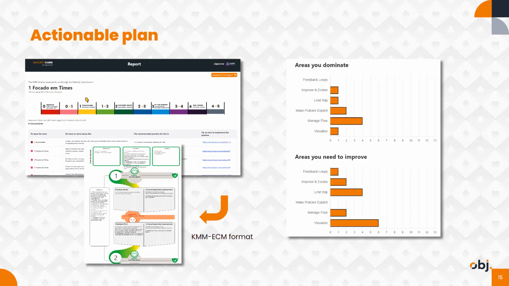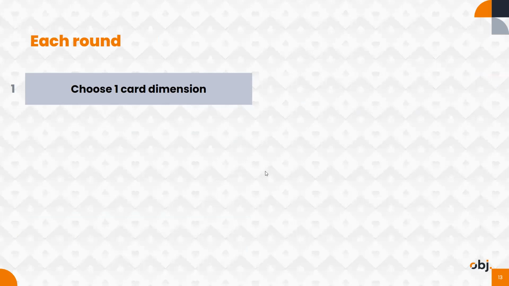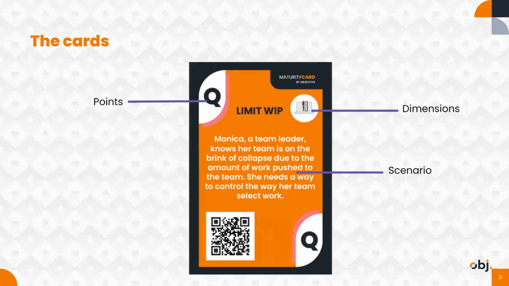But we didn't show one thing that's very important. It's how can we relate those problems to the possible solution? How can we solve those problems? Go back to the card, Marcelo, please. Okay. We have some slides back. Each card has a QR code on it that relates to the practice.